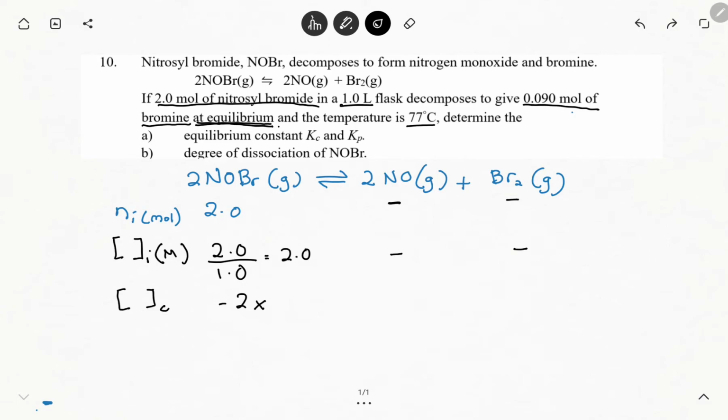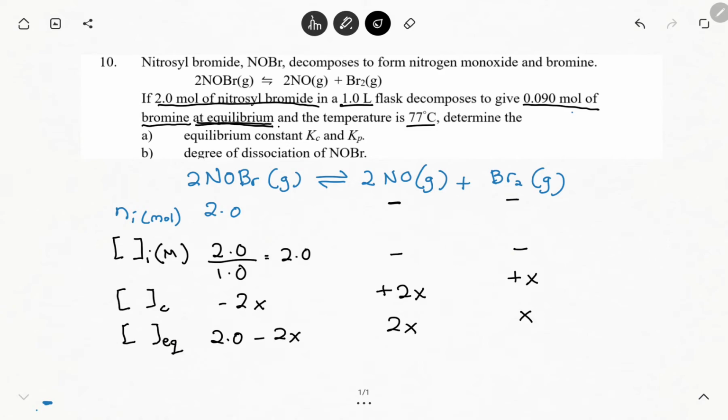The product will increase in concentration, so plus 2x for NO, and plus x for Br2, depending on the coefficient of the species. And then the concentration at equilibrium. You can use concentration EQ, which stands for equilibrium. So the concentration at equilibrium is 2.0 minus 2x, and then 2x and x.